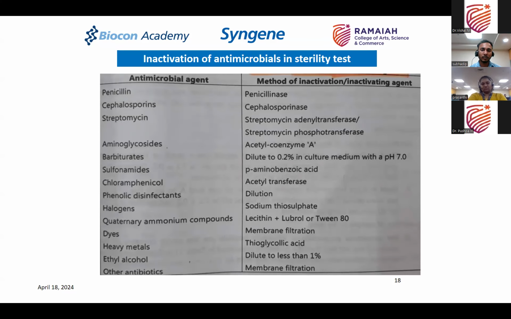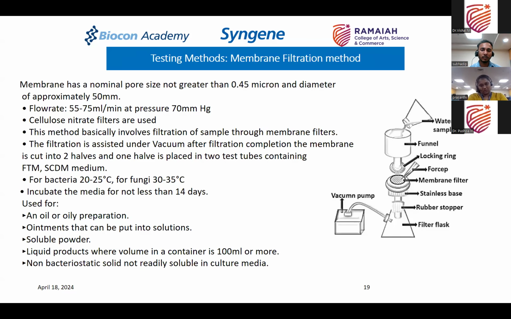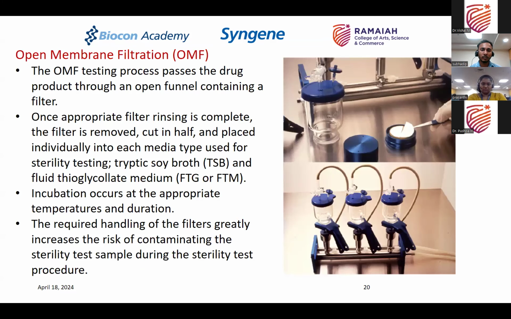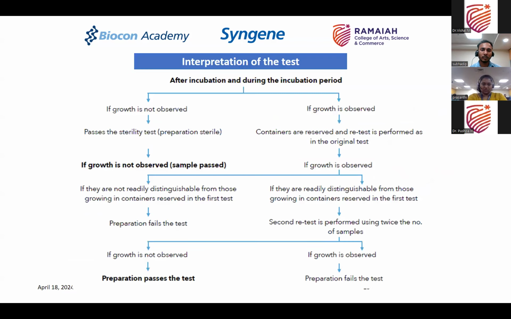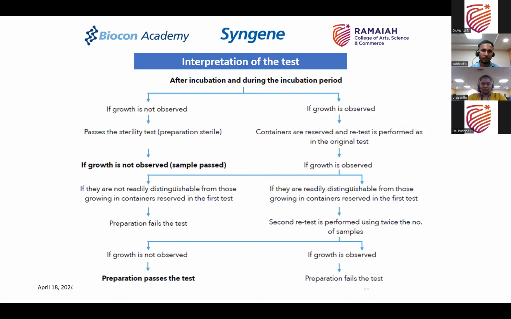These are some examples I have quoted. The techniques we follow are the membrane filtration technique, both open and closed membrane filtration, and the direct inoculation method. Finally, based on the presence or absence of growth, we can interpret the result and give the report. So this is about sterility testing of pharmaceutical products.